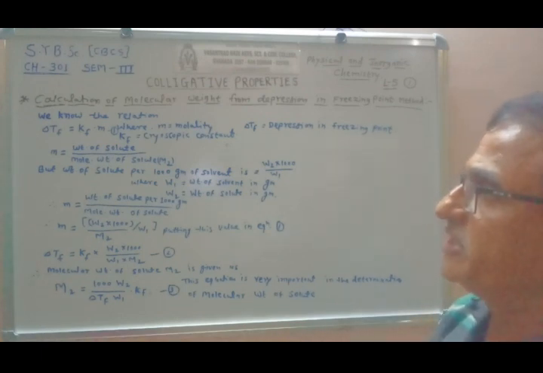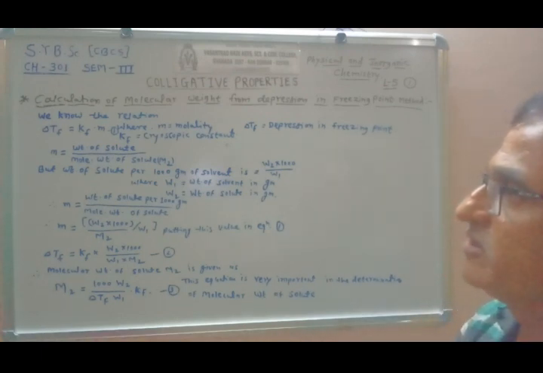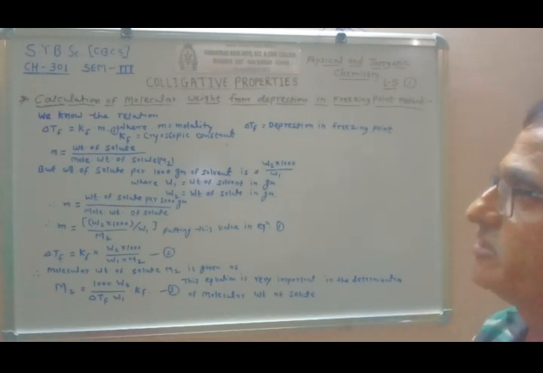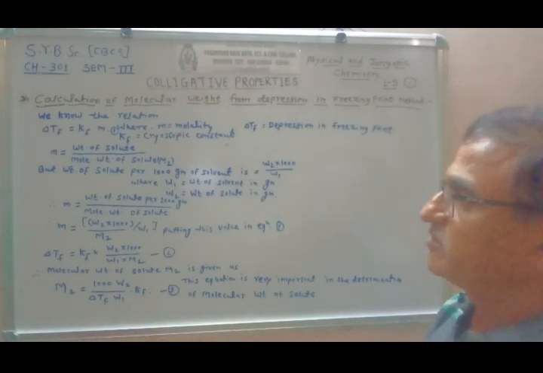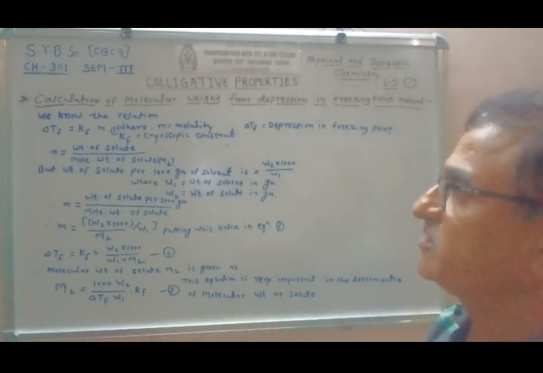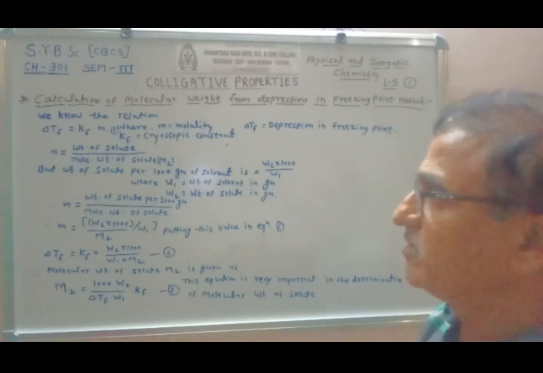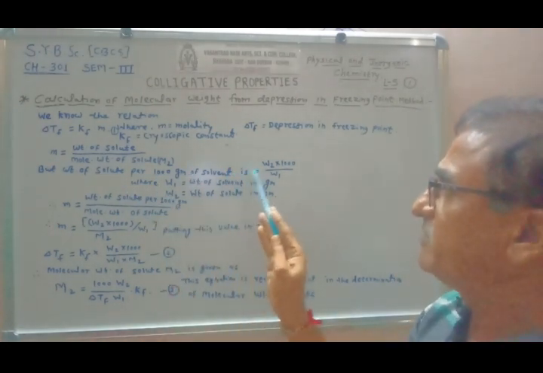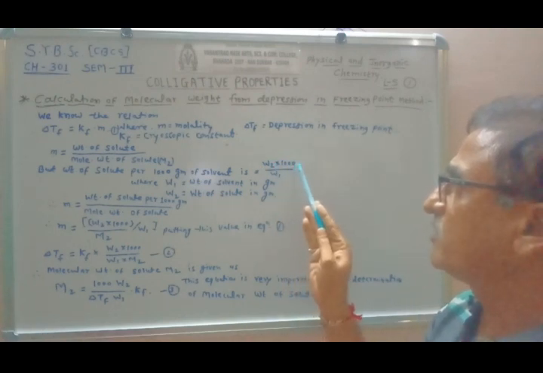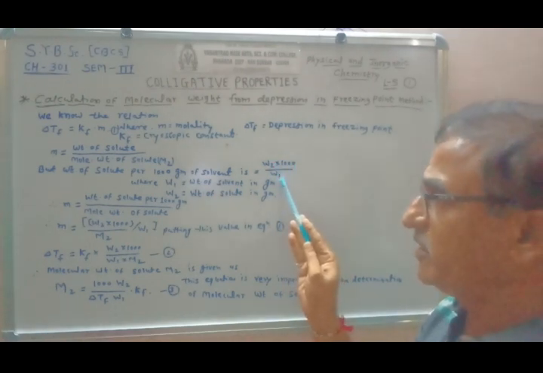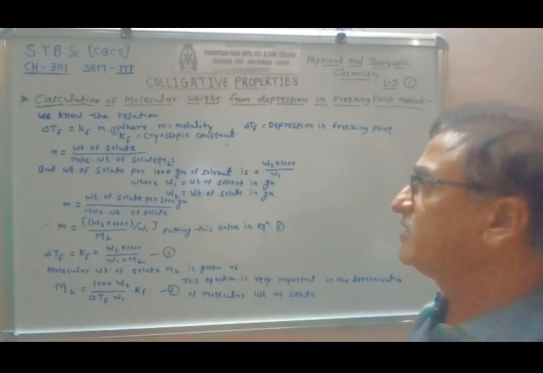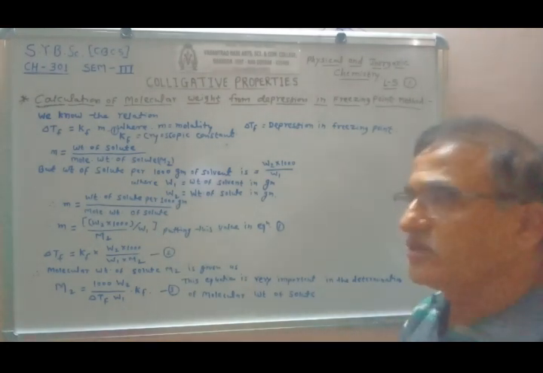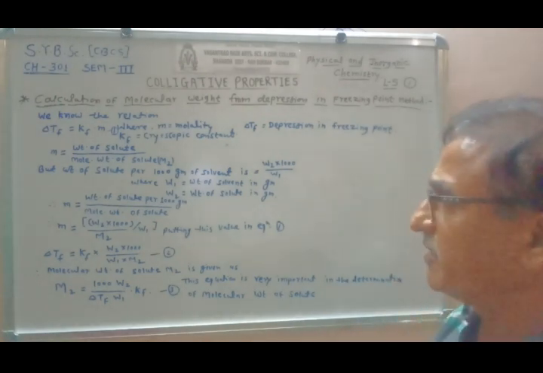So m is the molality, because here the concentration of the solute is expressed in terms of molality. The weight of solute per 1000 grams of solvent is W2 into 1000 divided by W1, where W1 is the weight of solvent in grams and W2 is the weight of solute in grams.